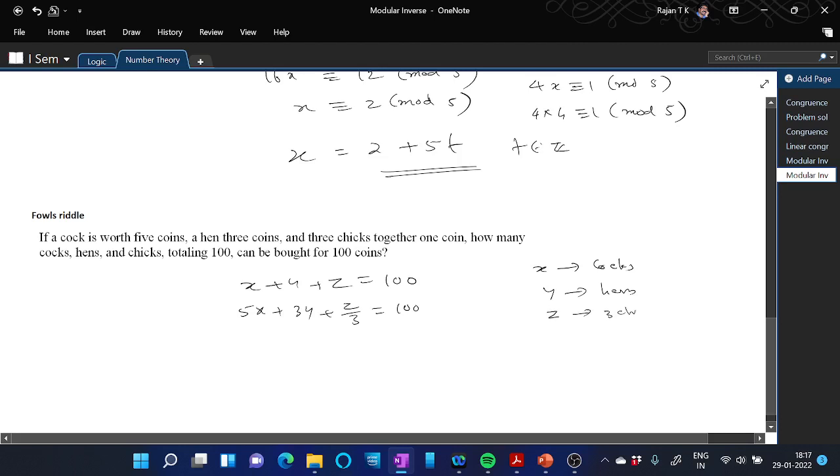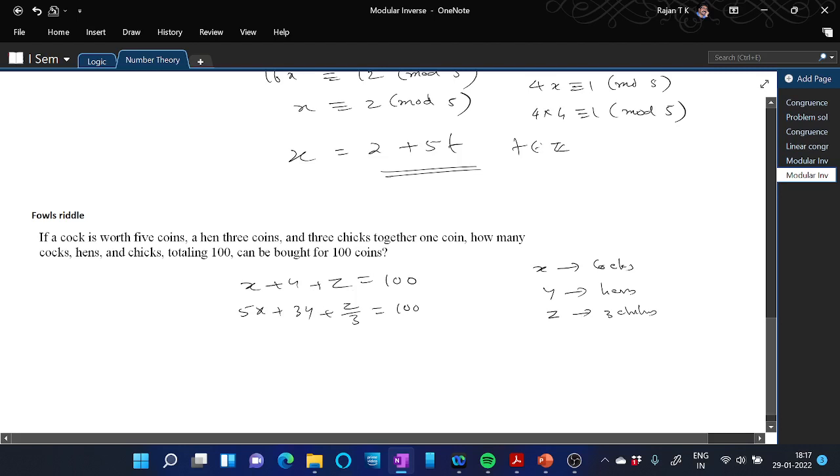Here 5x plus 3y plus z by 3 is the total number of coins, and x plus y plus z is the total number of cocks, hens and chicks.